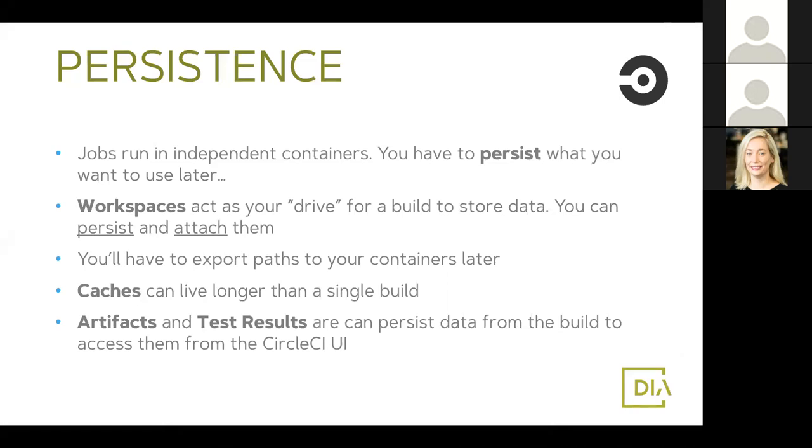If you use workspaces and rely on the paths in those workspaces, you have to export the paths that you use to your current container so that you can actually access the command line. You'll see that in the next steps.